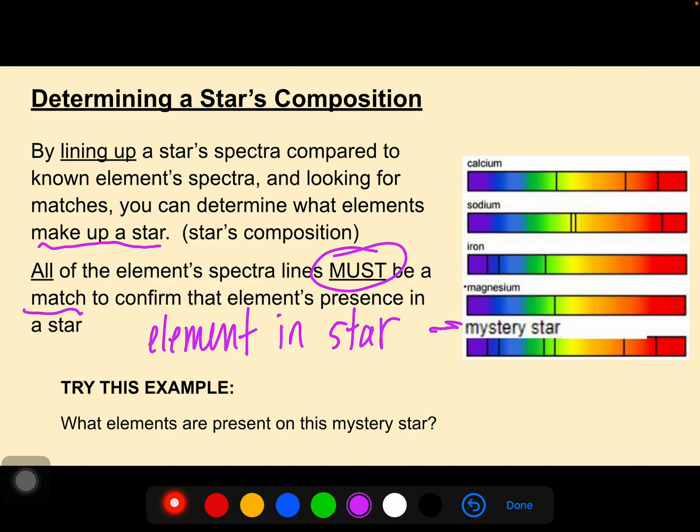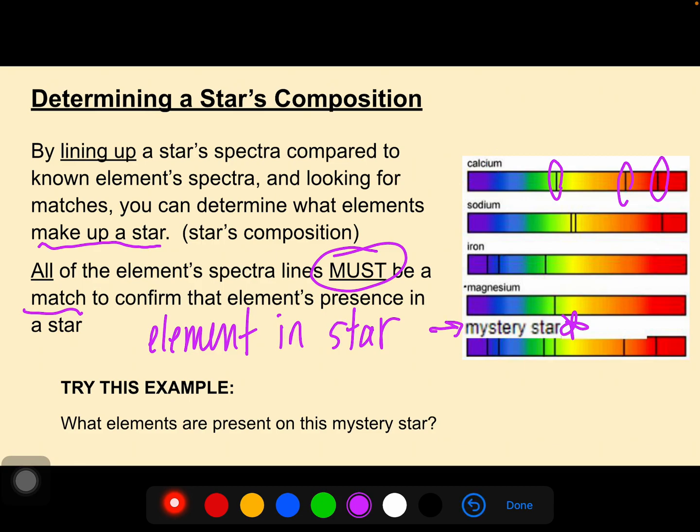So here's our star down here at the bottom. We want to know, are these calcium lines present in the star? If we see those, we know there is a match. If we don't see them all three present in the mystery star, we know calcium then would not be part of it.